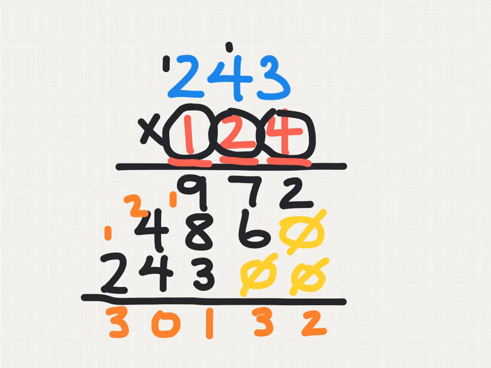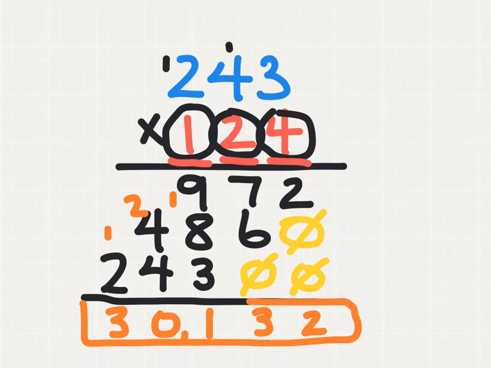The solution, or product, of our multiplication problem is 30,132. 30,132 is the product when we multiply the factor 243 times the factor of 124.